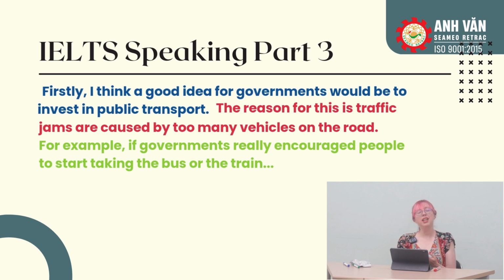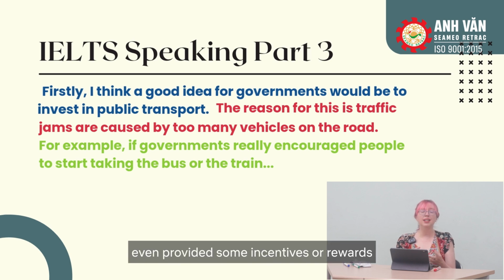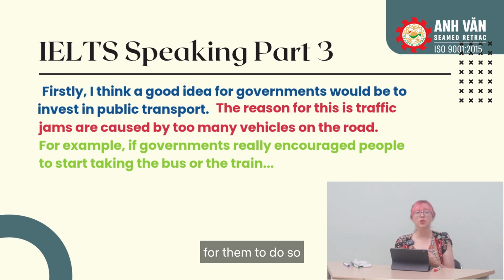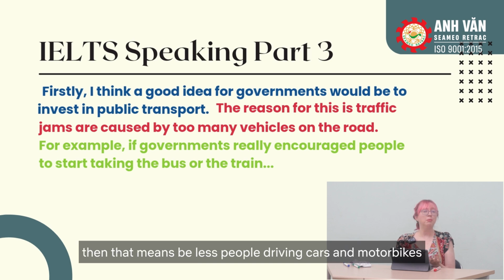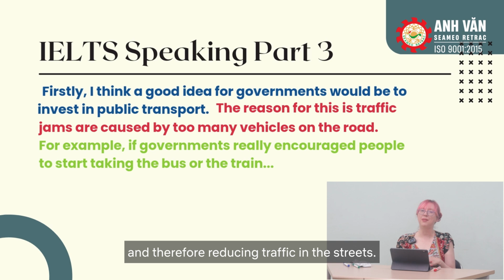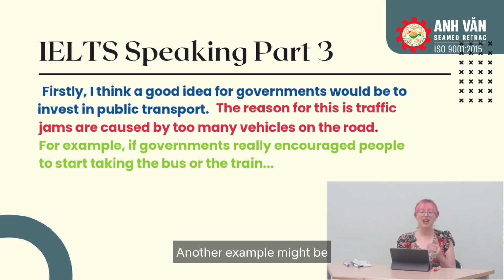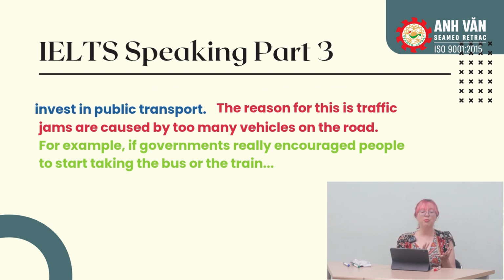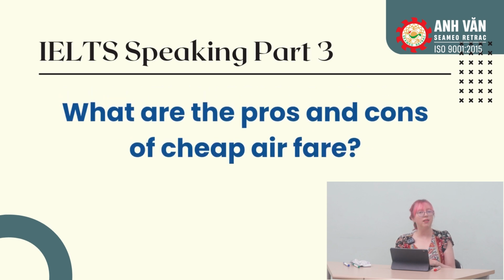So for example, if governments really encouraged people to start taking the bus or the train, even provided some incentives or rewards for them to do so, then that means there'd be less people driving cars and motorbikes and therefore reducing traffic in the streets.